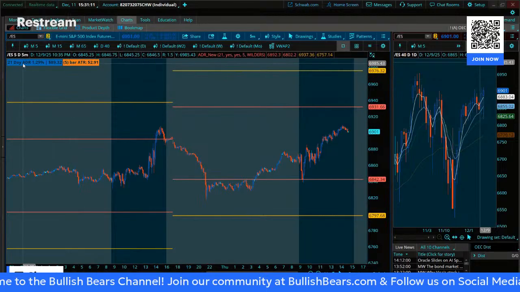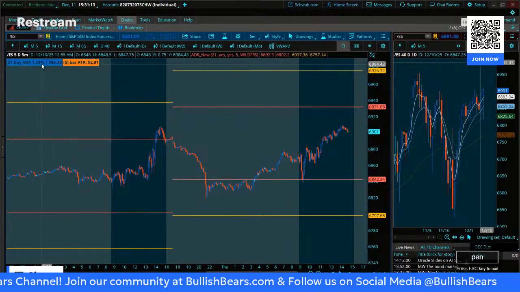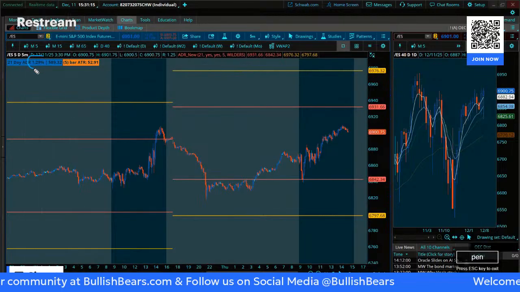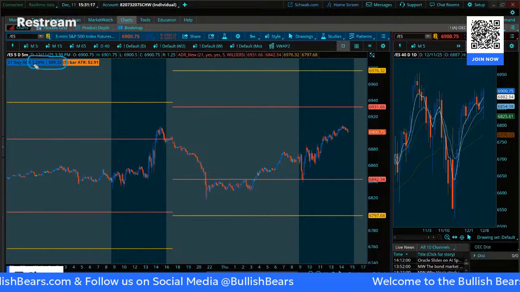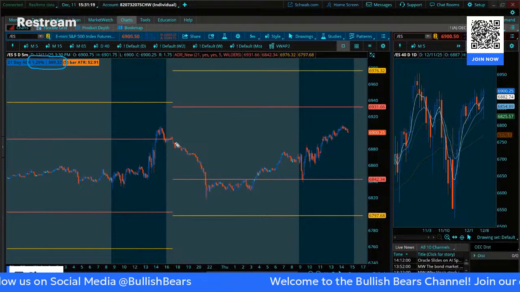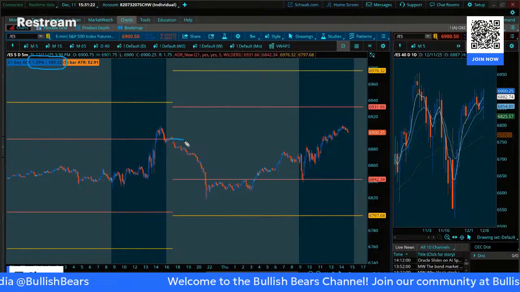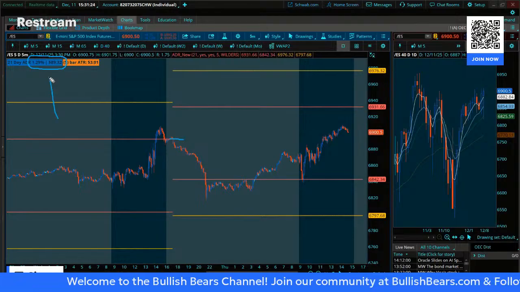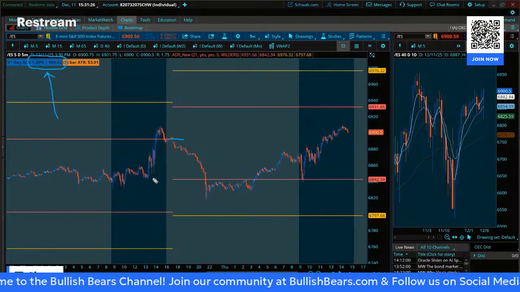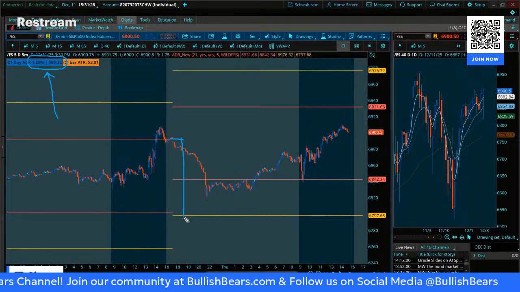If you look at the ADR, it's 1.29, right? This 89 points or 1.29%. So from where we opened last night, if we moved the full ADR in a single direction, we would go all the way to the yellow line.